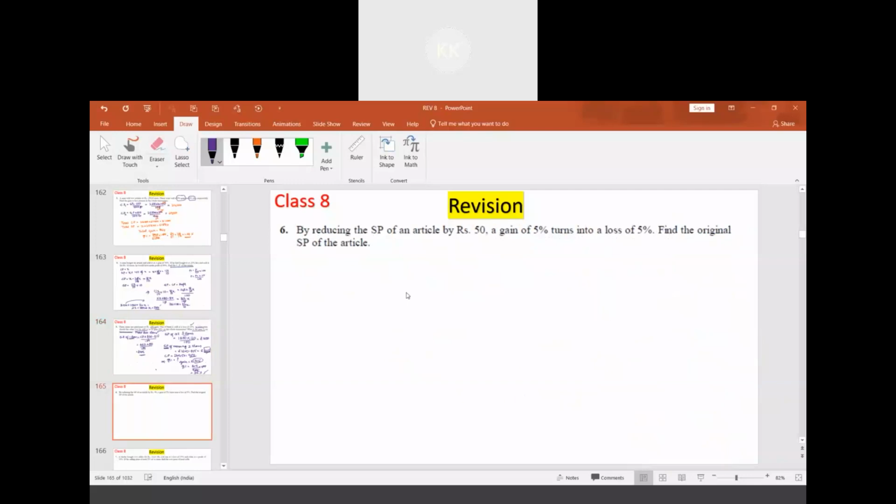To solve this, we are not given the cost price or the selling price, but it is known that there is a gain of 5% which changes to a loss of 5%.